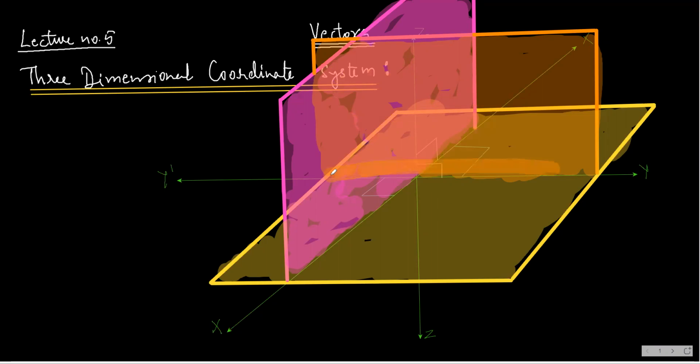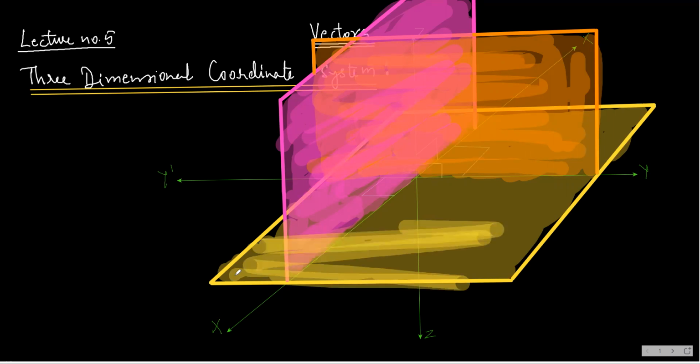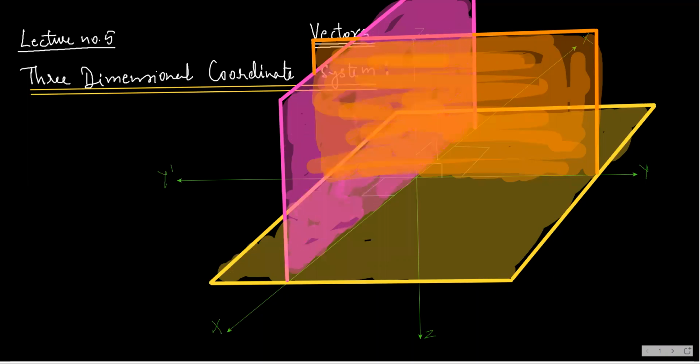You have three planes intersecting each other. I am right now moving my pen in the YZ plane. Now I'm moving my pen in the XZ plane. I hope you can all understand. And now finally I'm moving my pen in the XY plane. So these are three planes.